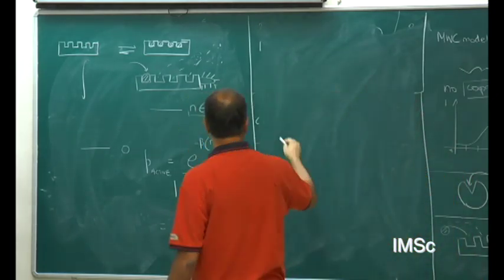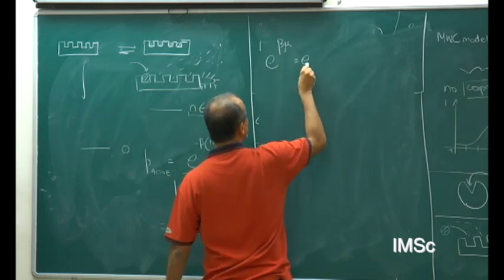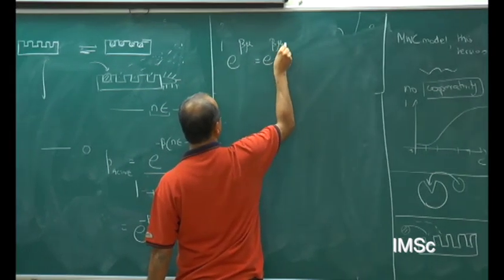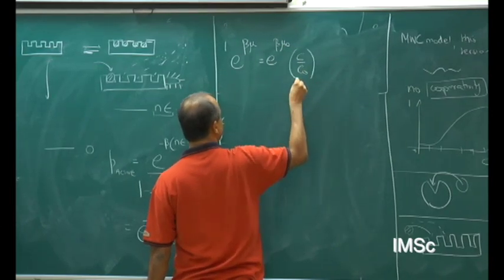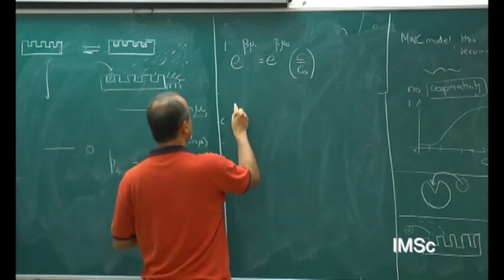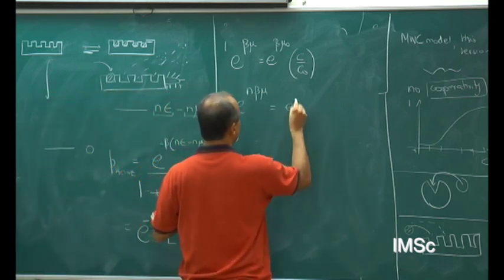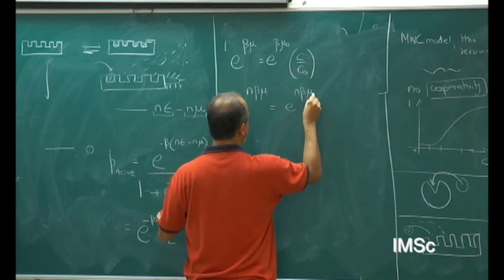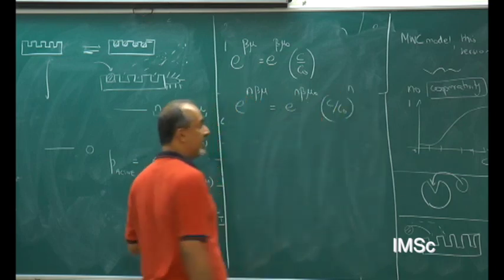Remember that we derived e to the power beta mu is e to the power beta mu 0 times c divided by c naught. You remember that? Therefore, e to the power n beta mu is e to the power n beta mu 0 times c divided by c naught to the power n.